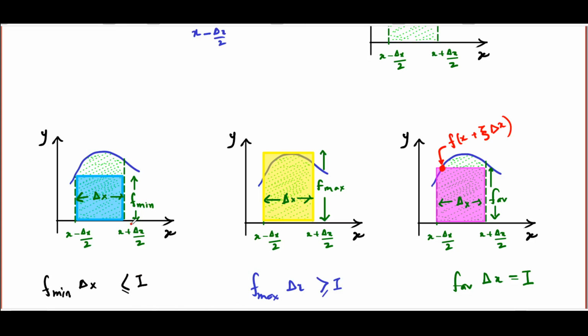The equality sign is simply because it might happen that after all your function is flat, in which case this will be exactly equal.